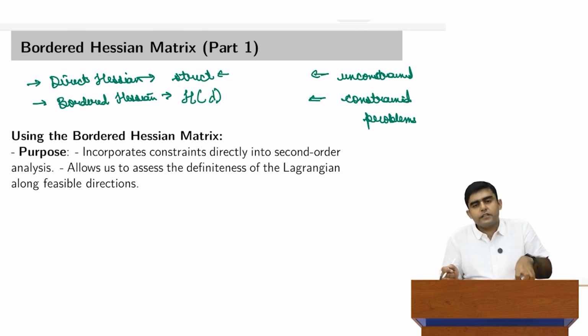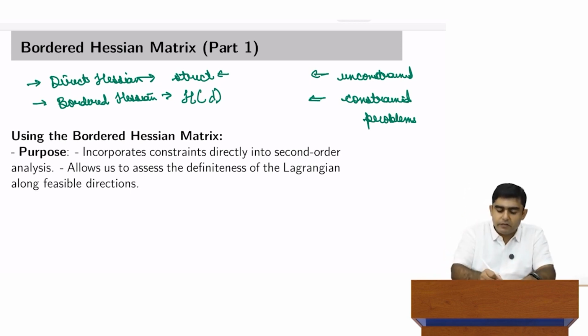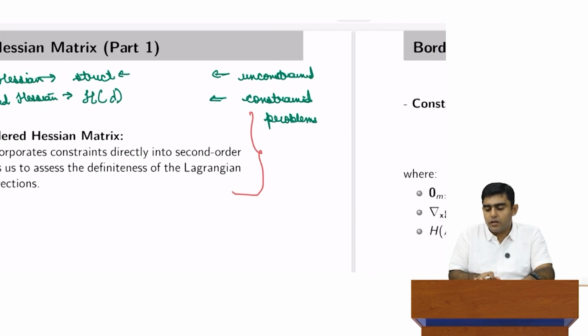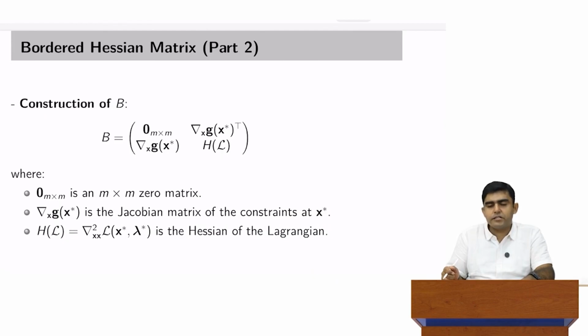Now, doing all this in a mathematical way is possible, and we will look into one example here, but for mathematical convenience we use a modified form of the original Hessian matrix, what we call the bordered Hessian matrix.